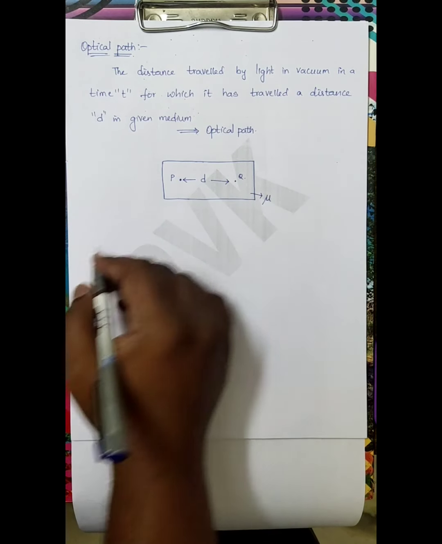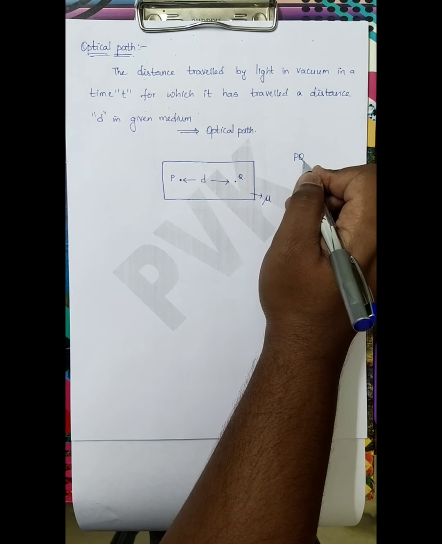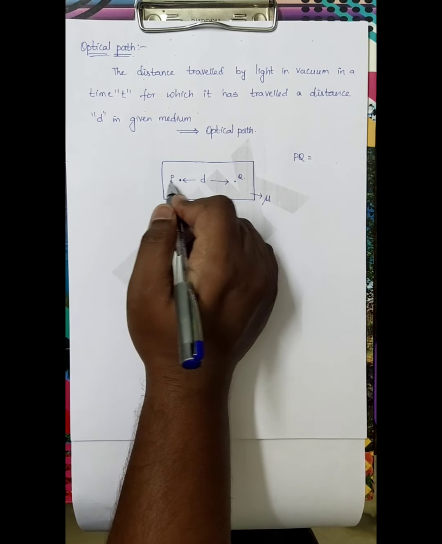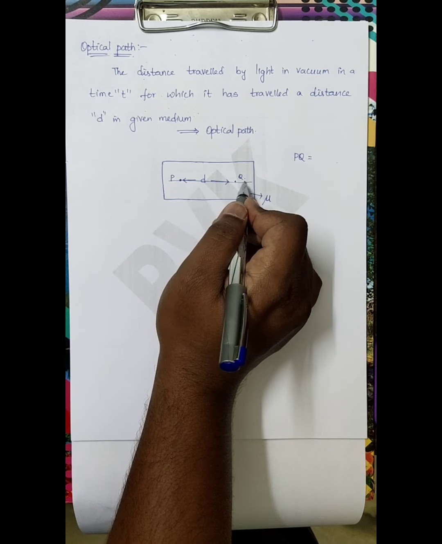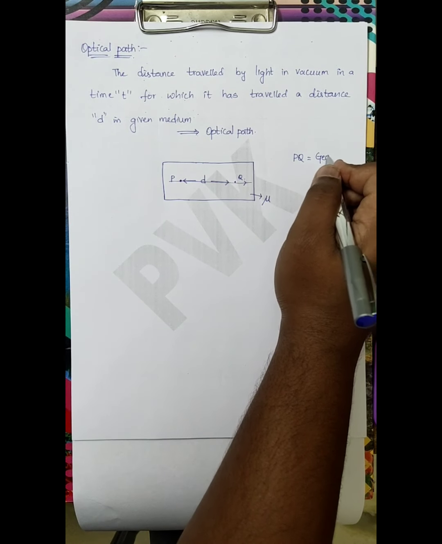And now here I would like to denote this PQ, the path between P and Q for which the light ray travels, is given by geometrical path.